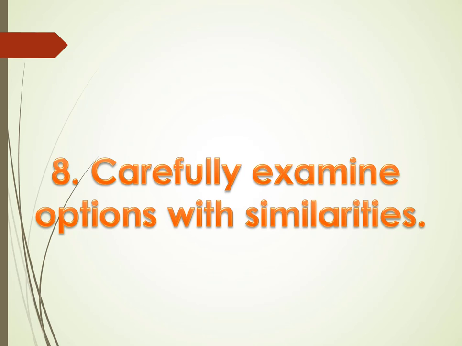Earlier I showed you one, and you might be wondering, why did I say dizziness and sedation are similar options? Because both of them are about the level of consciousness of your patient. That's why those two are kind of similar and you have to eliminate them because they are not the correct answers.